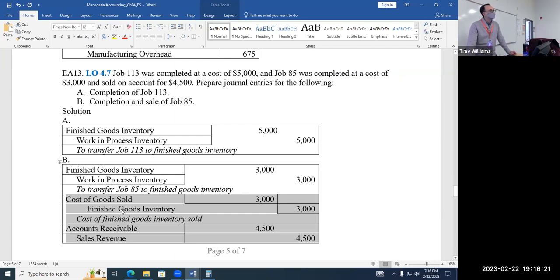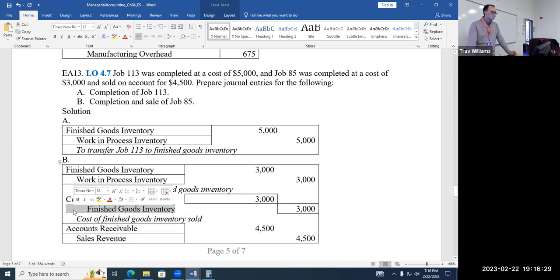If you're a retailer, you would probably have merchandise inventory, but because we're a manufacturer, it's finished goods inventory because we had to get it to that point. We had to go all the way from raw materials to work in process to finished goods. And now we made the sale. Okay, questions? Answers? Anyone have any answers?